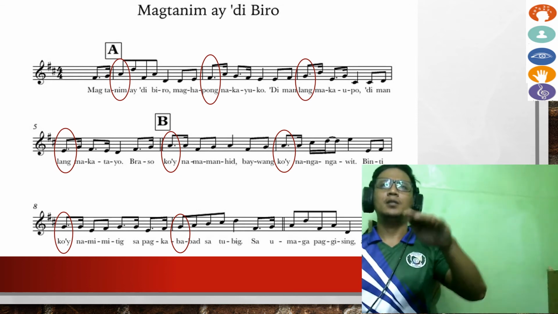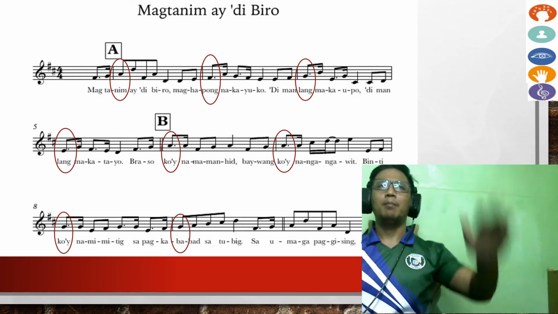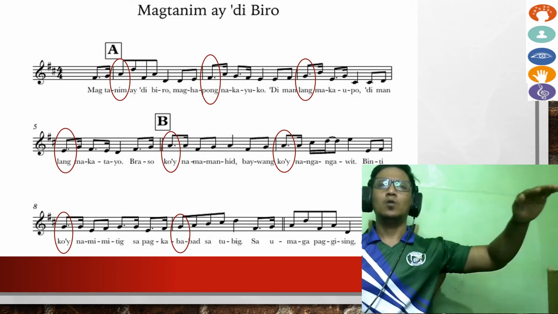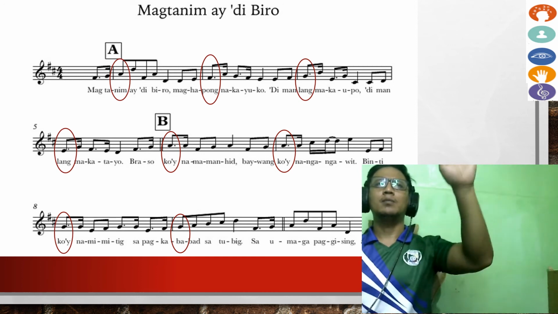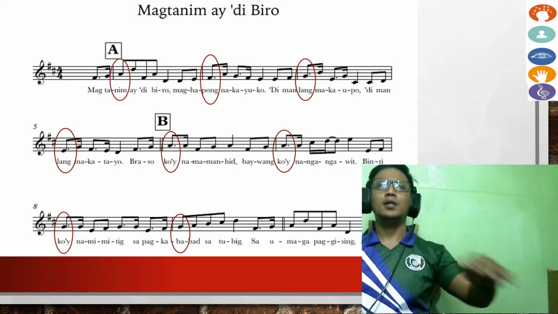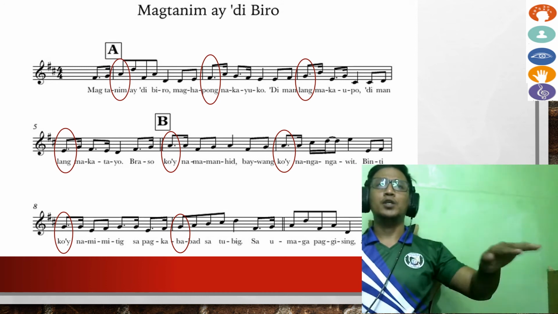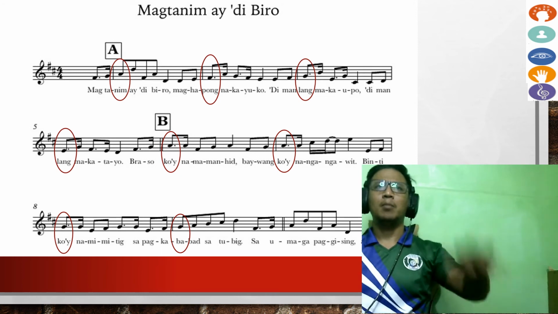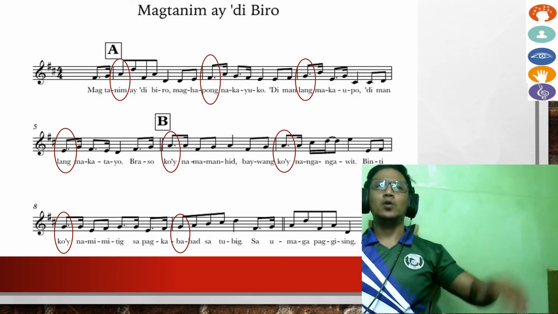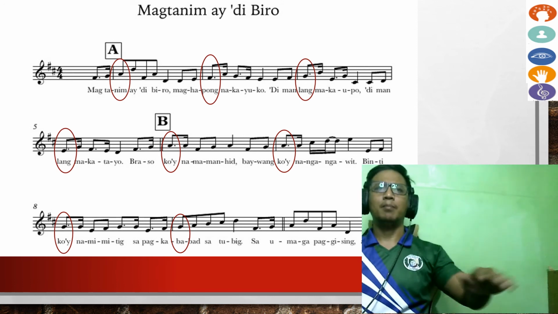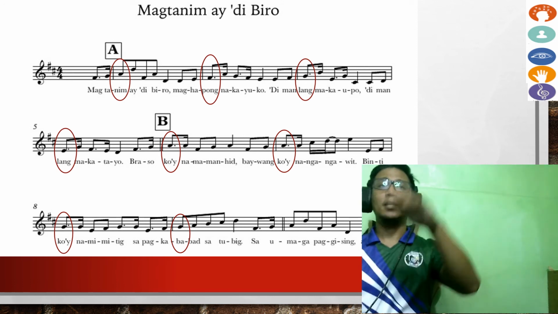Magtanim ay di biro, maghapong nakayuko, di man lang makaupo, di man lang makatayo. Braso ko'y namamanhid, baywang ko'y nangangawit, binti ko'y namimitig sa pagkababad sa tubig.